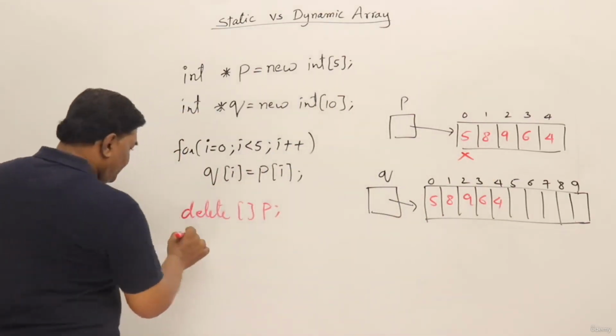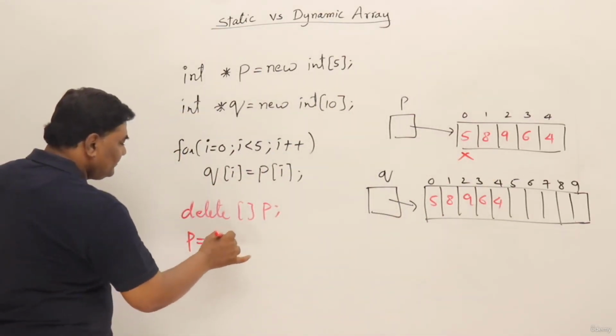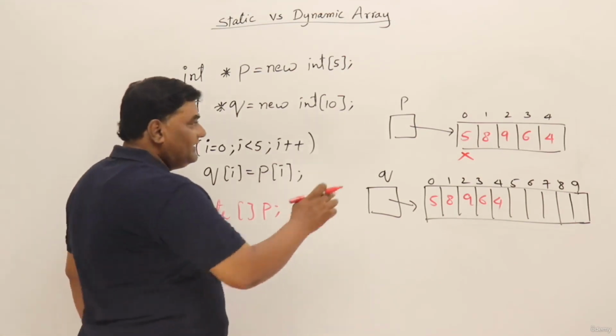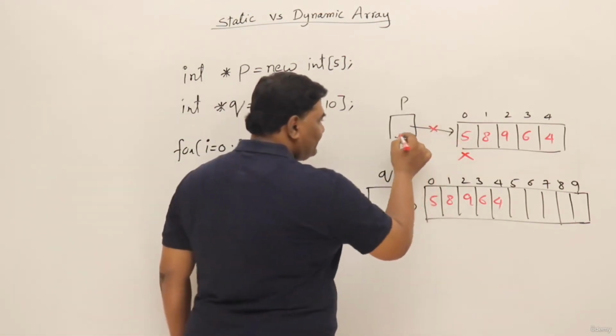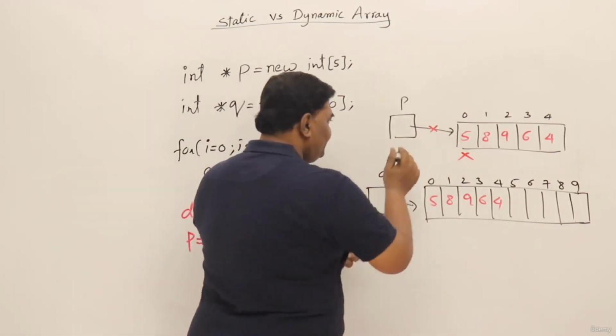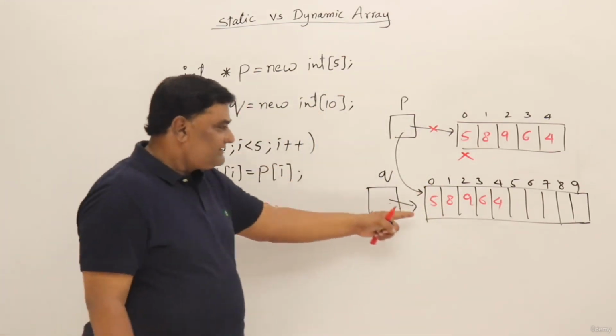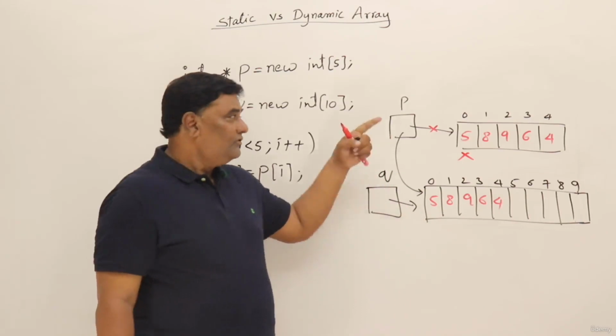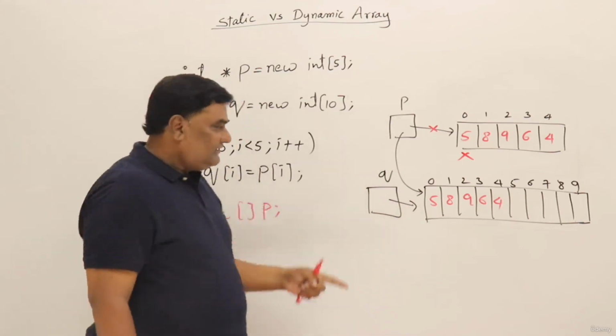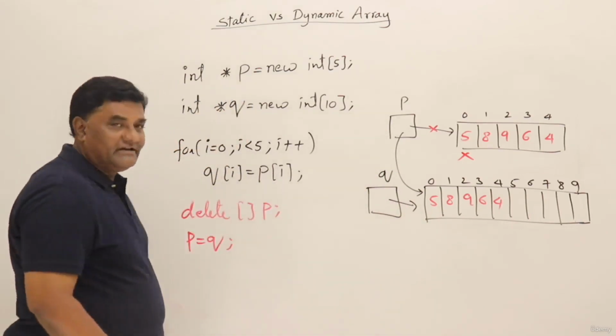Then make P point on Q. So wherever Q is pointing, P will also point there. So now the new location where P is pointing is this one. Now this array is pointed to by both P as well as Q. Now let us remove Q from there.